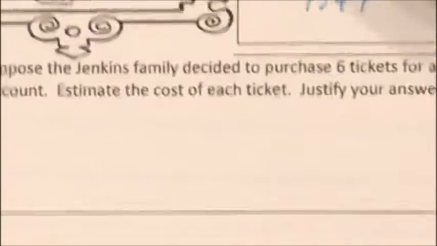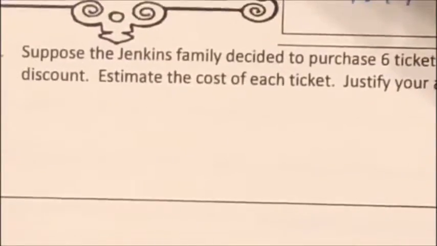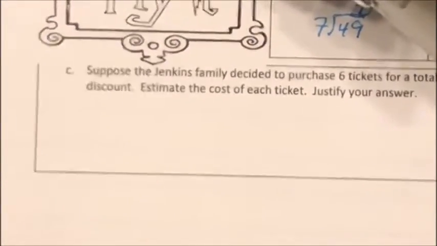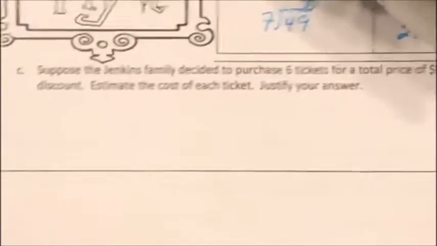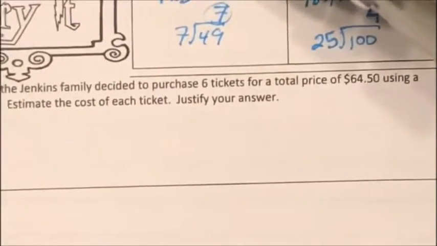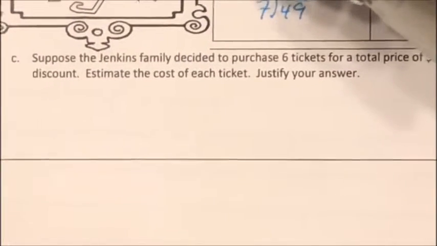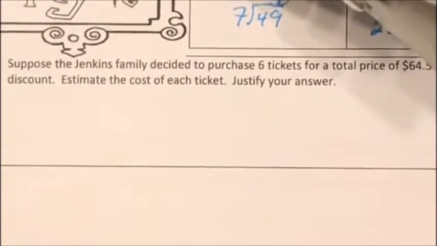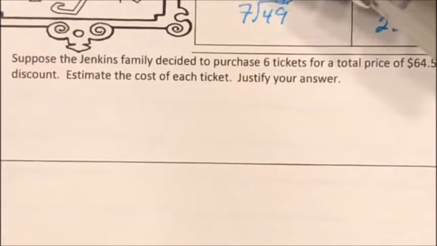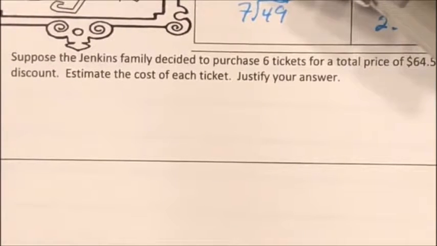Letter C says, suppose the Jenkins family decided to purchase 6 tickets for a total price of $64.50 using a discount. Estimate the cost of each ticket and justify your answer. Okay. So, $64.50, I'm going to pick a number that's close to being divisible by 6.